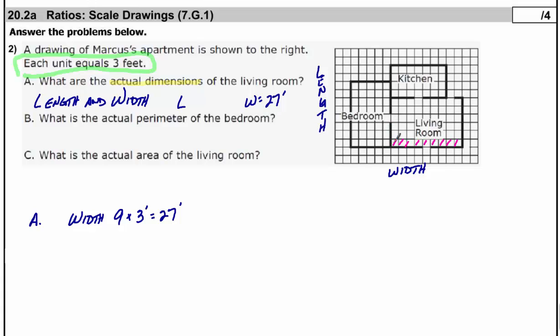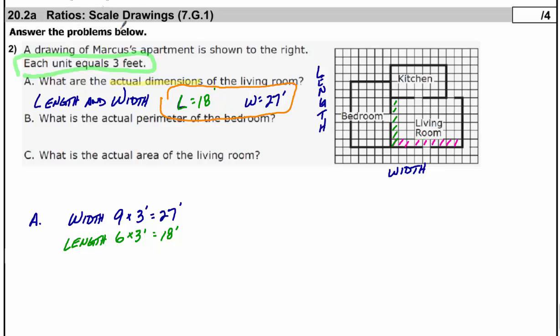For the length, the way that I'm defining length and width, 1, 2, 3, 4, 5, 6 units. So for the length, 6 units times 3 feet each, 18 feet. There's your answer to the first question.